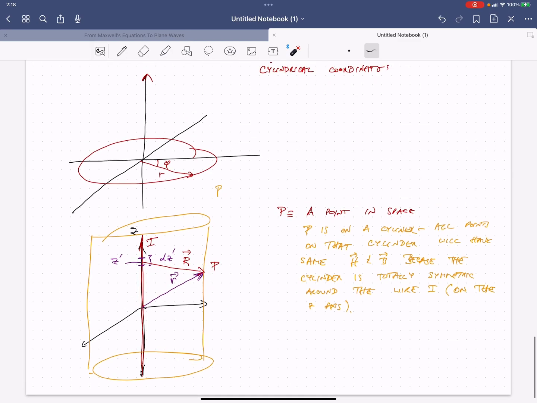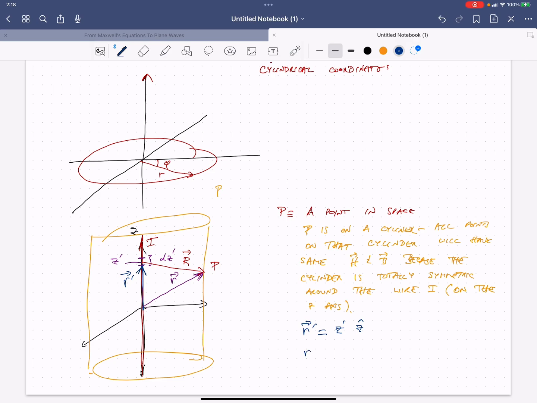This vector I'm going to call r prime. So r prime is z prime, this distance, times the unit vector in the direction of z.